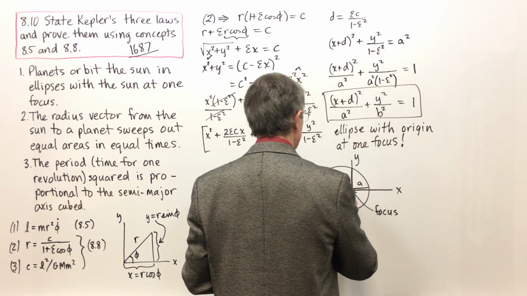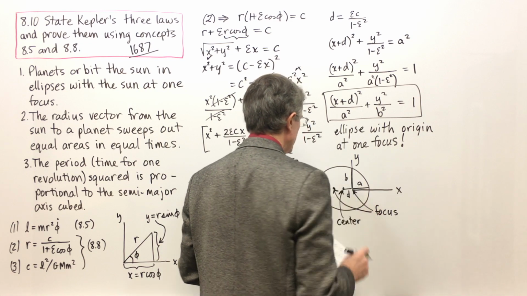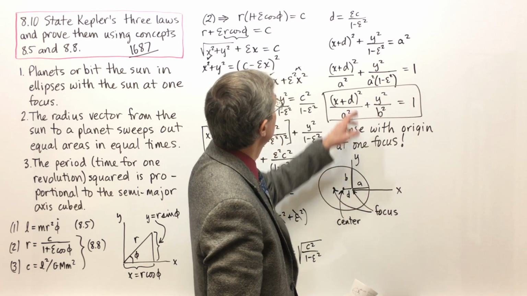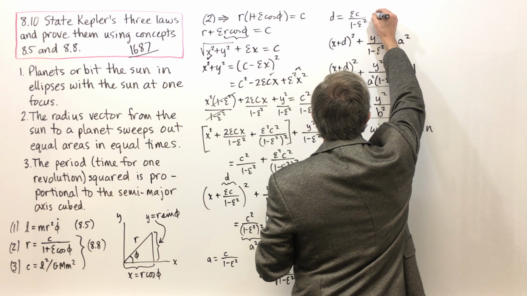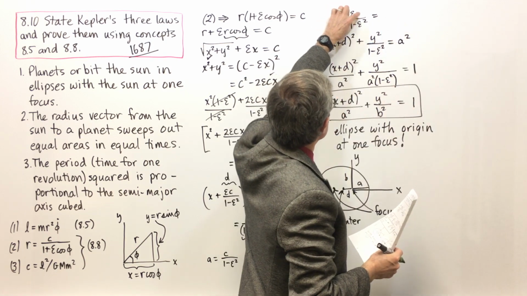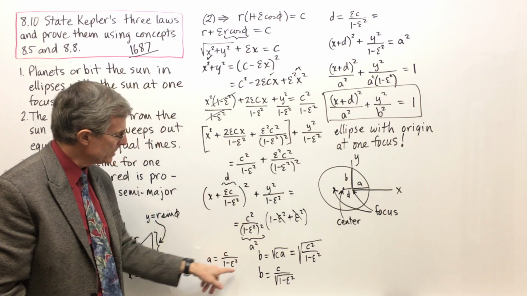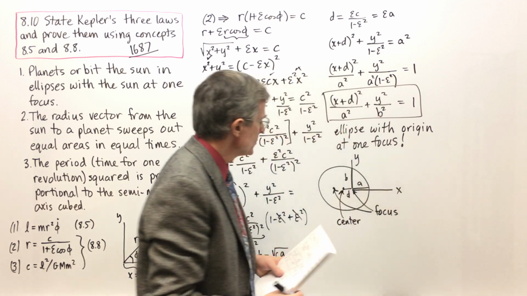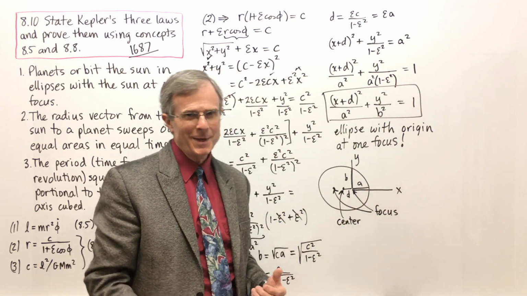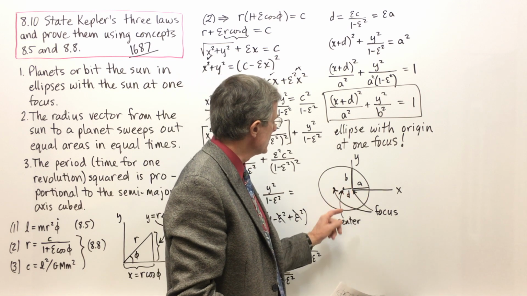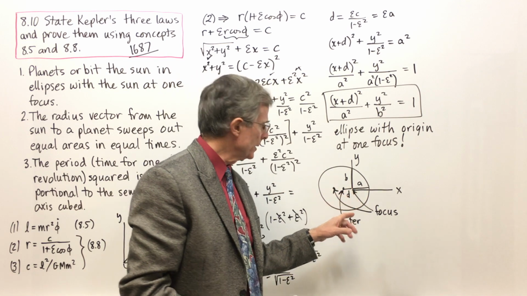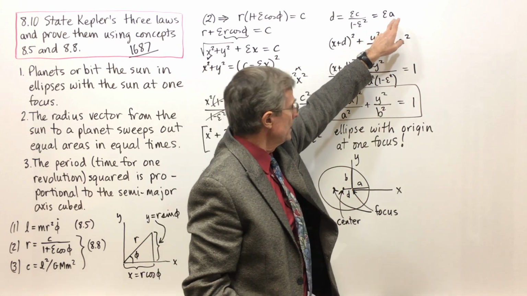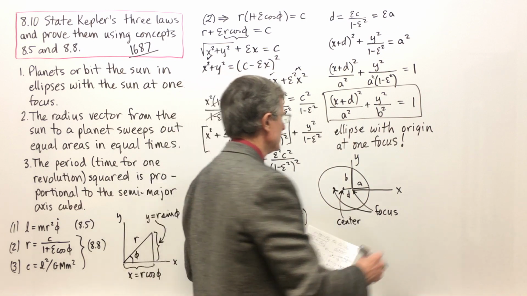And there's another focus here. Note here also that d is epsilon times a. Here a is c over 1 minus epsilon squared. And that's in fact how you define the eccentricity: the distance between the center of an ellipse and one of the foci is the eccentricity times the semimajor axis.